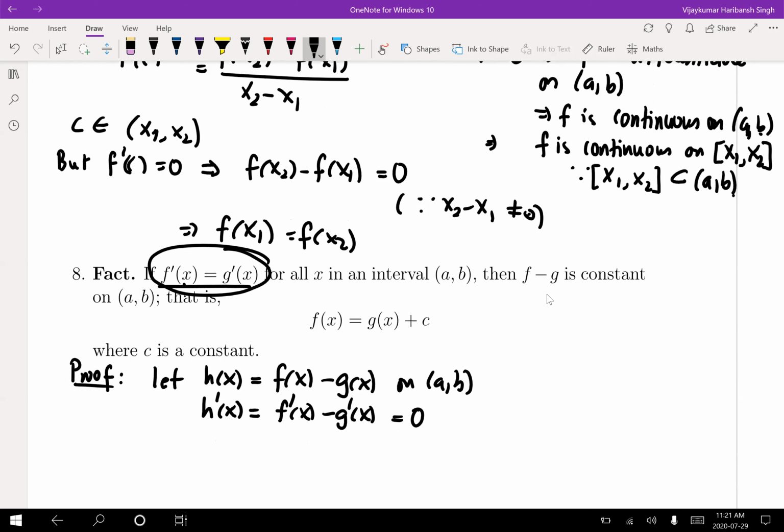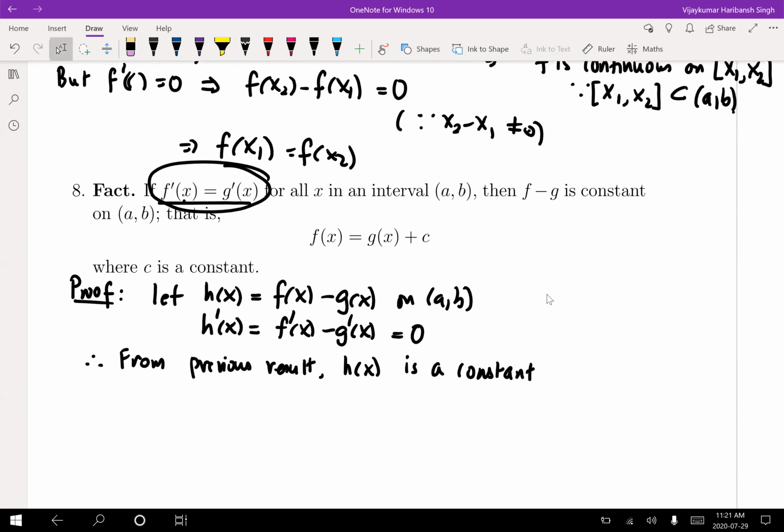So therefore, from the previous result, we have h of x is a constant function, because the derivative is 0, the function is constant on ab.